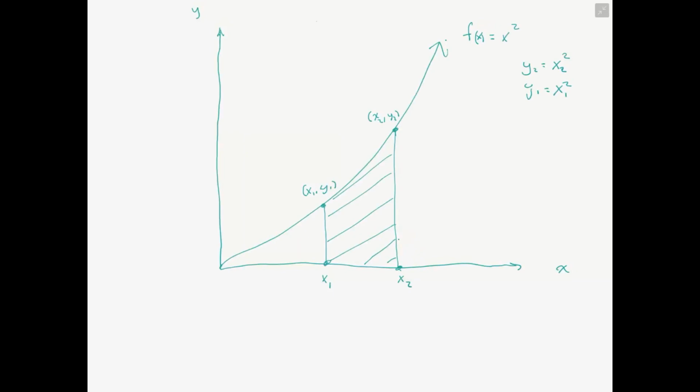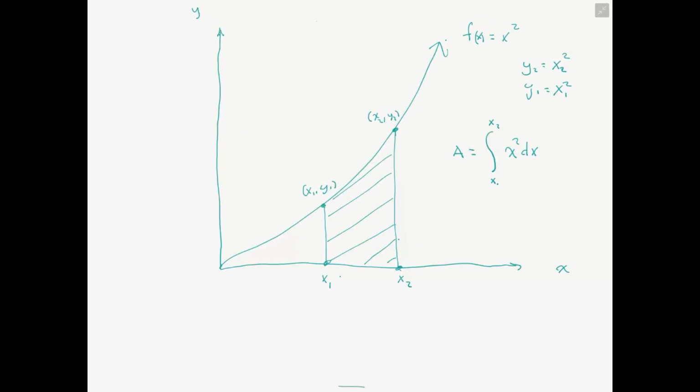And if we want to integrate that function between x1 and x2, we have the integral from x1 to x2 of x squared dx.